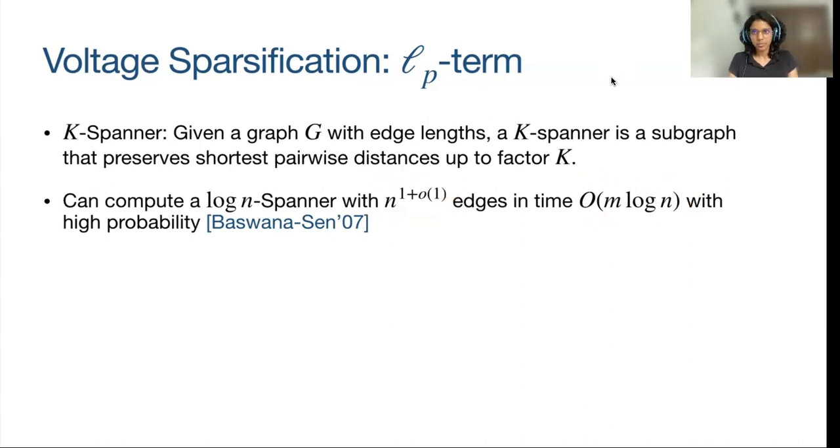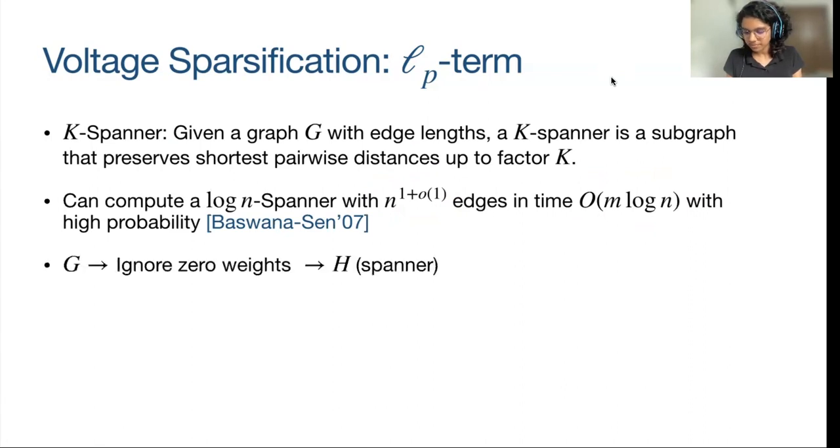The result holds in expectation, but you could do a standard Las Vegas to Monte Carlo translation to get this result to work with high probability.